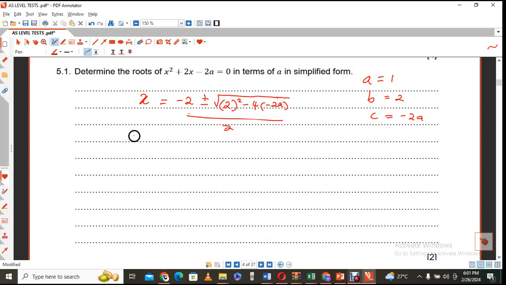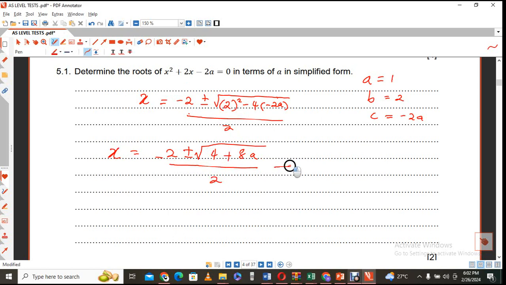Okay, right, so let's go ahead and simplify. This is x equals minus 2 plus or minus the square root of, negative and negative gives plus, 2 squared is 4, so it's 4 plus 8a, everything over 2.